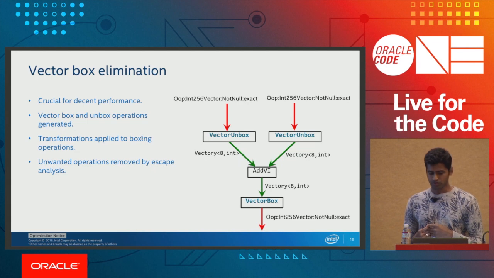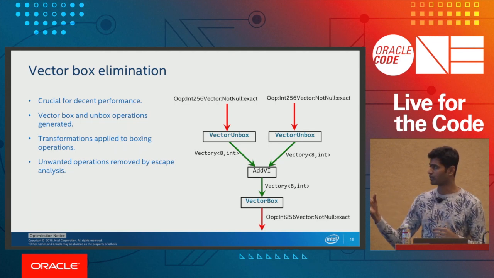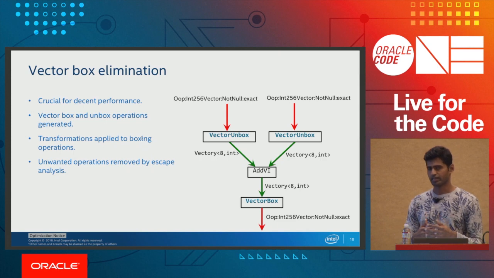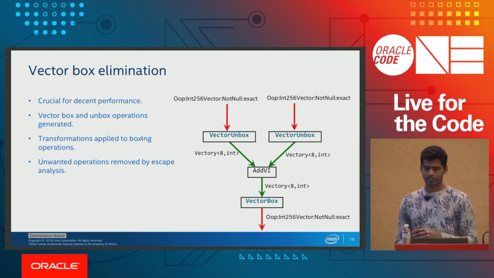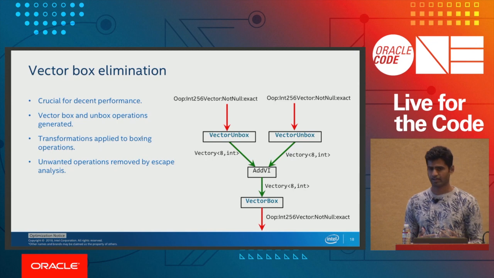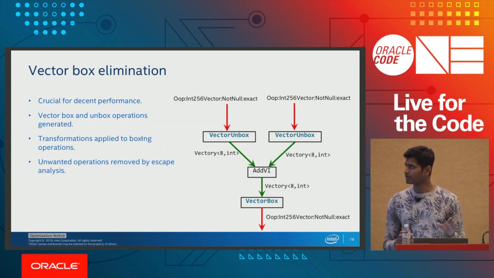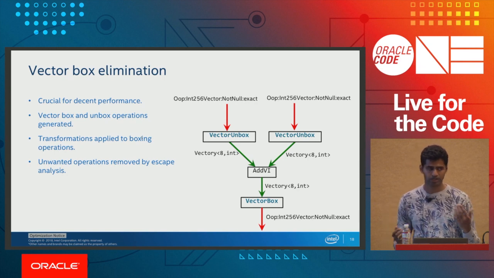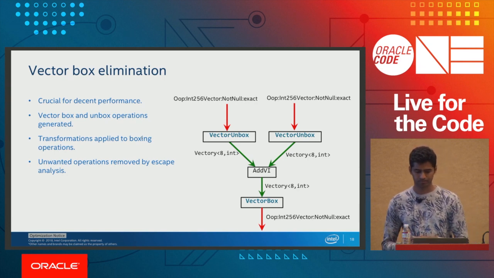So we insert vector unbox operations whenever we have to extract a value from a vector object, and we insert vector box operations when we wrap a vector value inside an object. And later, we do some transformations to identify which of the boxing and unboxing operations are required. For the operations which are not required, we remove the dependency on them. So at later stages of the compiler, during escape analysis, it can strip away the unwanted boxing and unboxing which is generated.